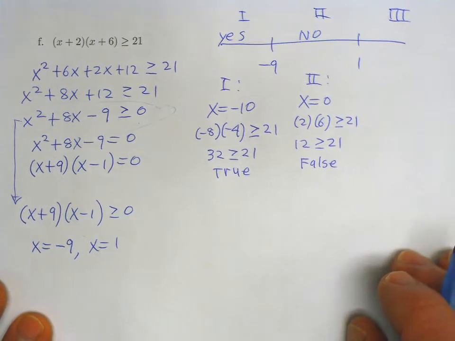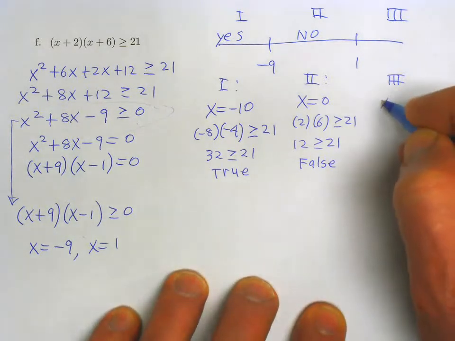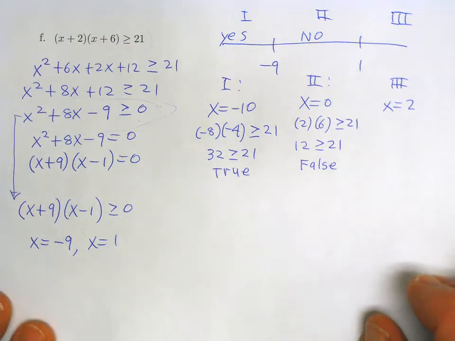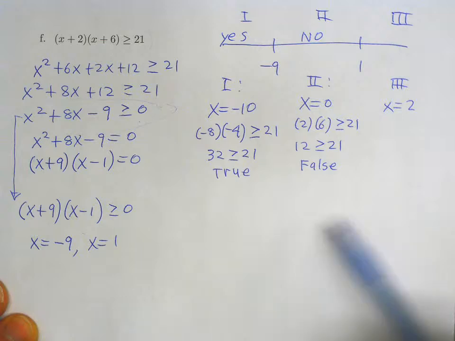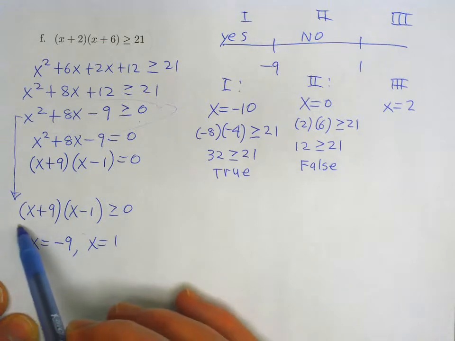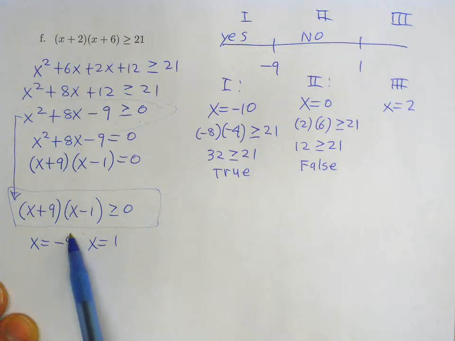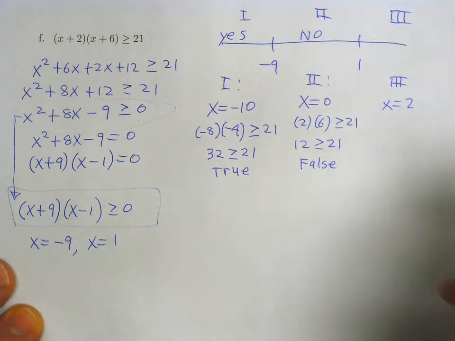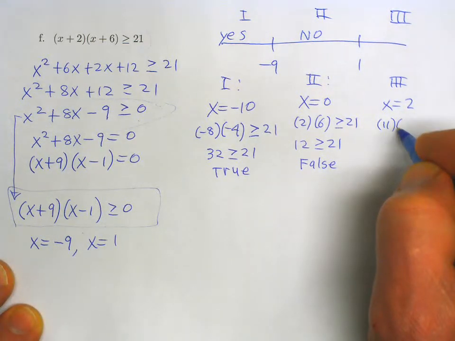And then in the third interval, pick x to be any number greater than 1. I'll just pick 2. So this time, I'll use this inequality. So replace every x with 2. 2 plus 9 is 11. 2 minus 1 is 1.